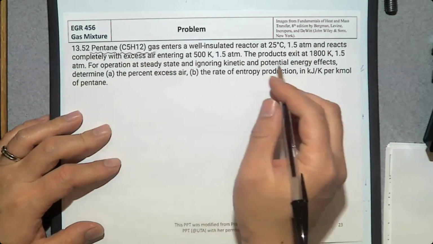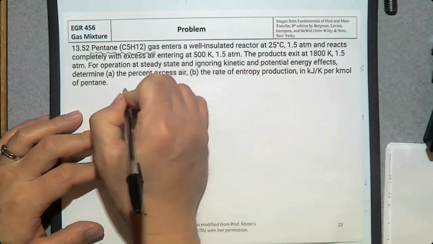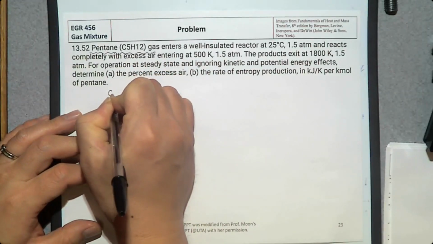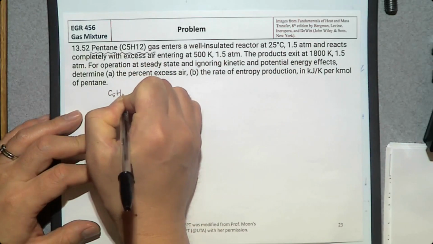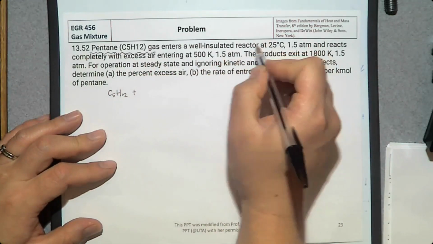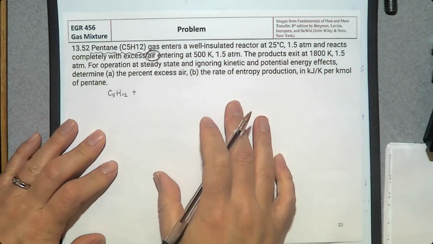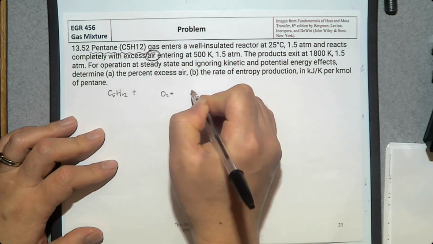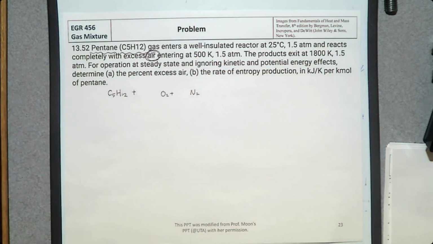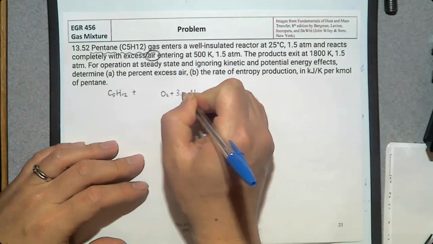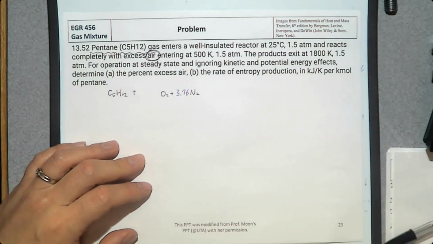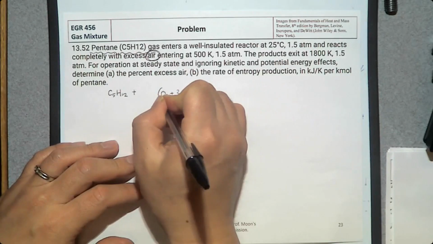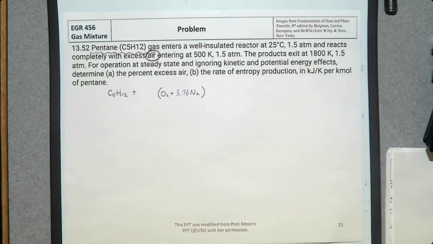So the basic balanced reaction equation with pentane is going to be C5H12 reacting with air. This air is going to be oxygen and nitrogen. The ratio between oxygen and nitrogen is going to be 1 to 3.76. And we do not know how many moles of air are provided.